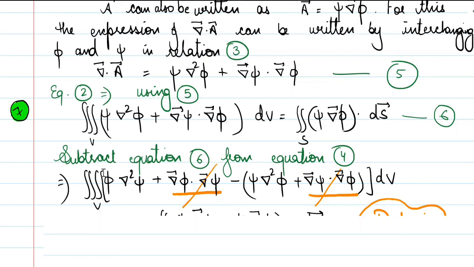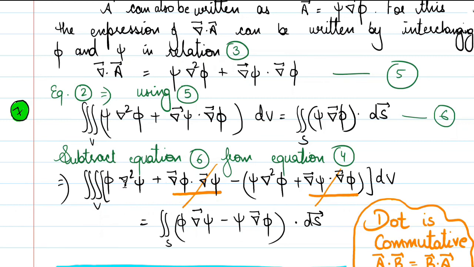Now what would happen if we do that? First we would just write down our equation 4 and then we'll subtract equation 6 from it. So the left hand side of equation 4 is what?